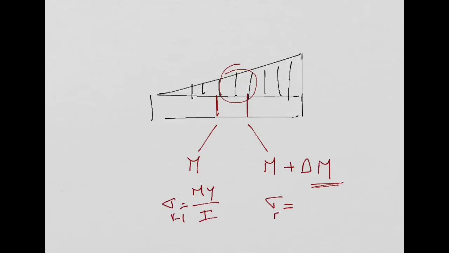My sigma R is going to be equal to sigma R minus 1 plus something more, which is due to my bending moment that is changing, right? So basically, this is my delta sigma variation in my direct stress. This happens because I'm analyzing different sections of my beam, right?